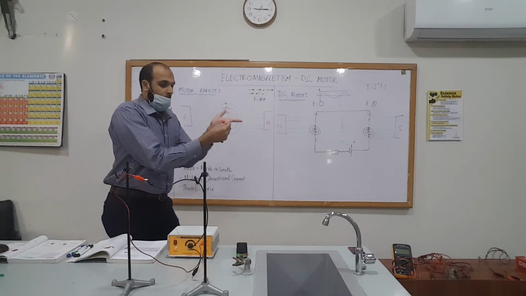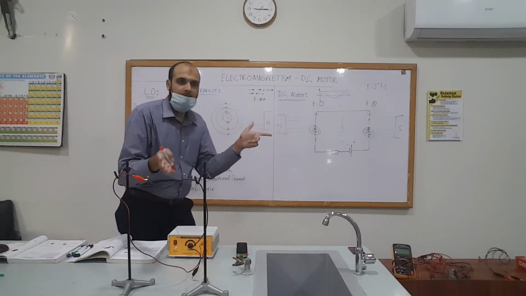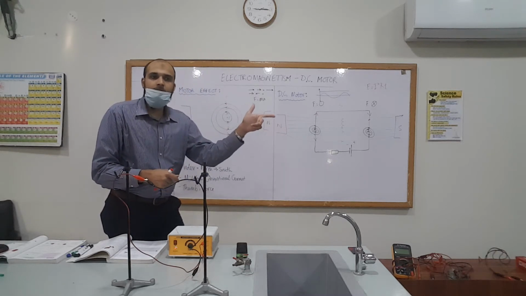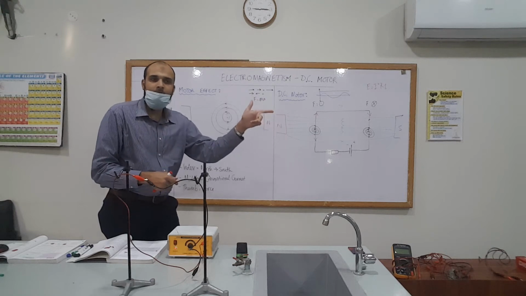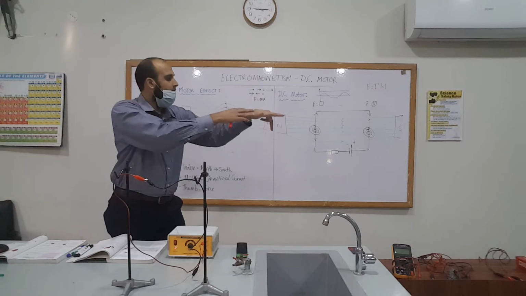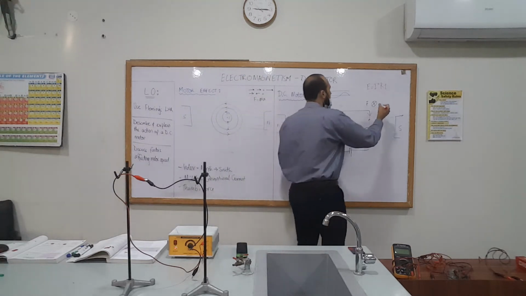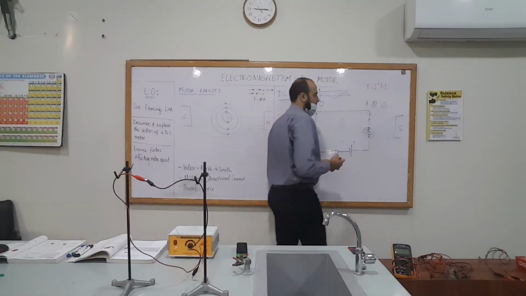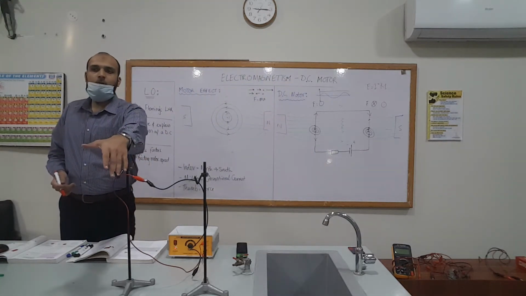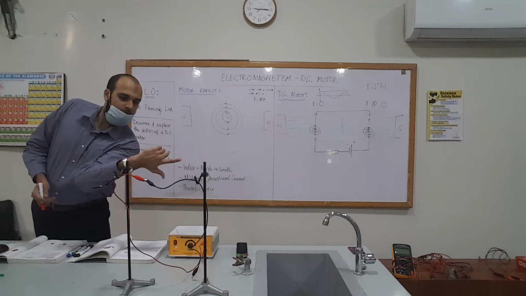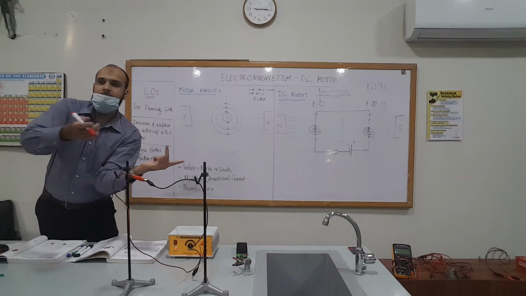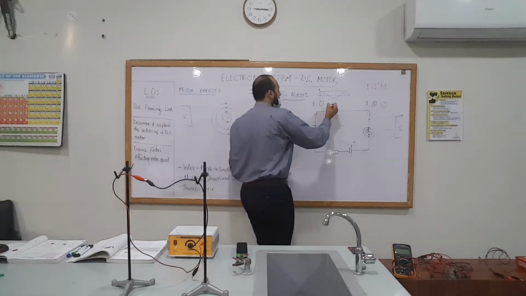So this time, following Fleming's left hand rule, the magnetic field is directed from left to right, the conventional current is flowing downwards, and the force this time comes outwards. Similarly, with the red wire, the force is this time inwards, so it's pointing in.